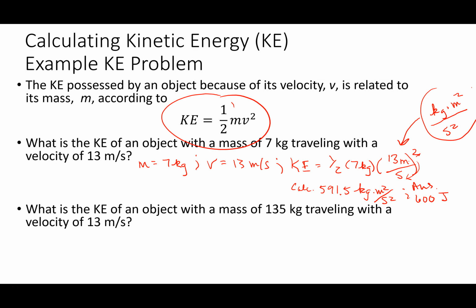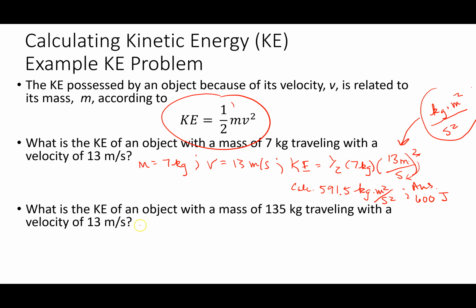What if we have an object that's going the same speed, but it's more massive? Do you think the kinetic energy will increase or decrease? Yep, kinetic energy will increase. And it never hurts to look at it like this. Does that make sense? So let's knock this one out too.